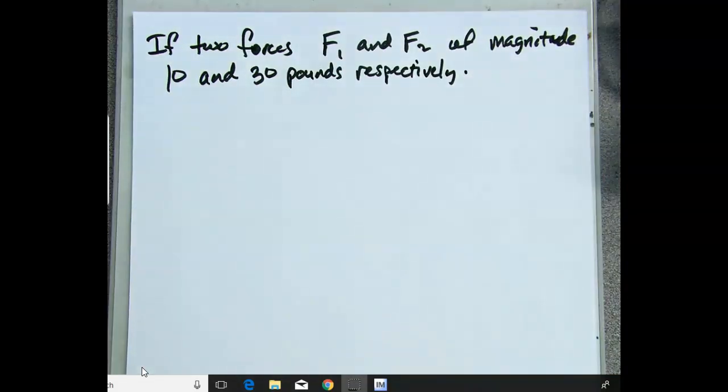Okay, so which force is 10 pounds? And which one is 30 pounds?